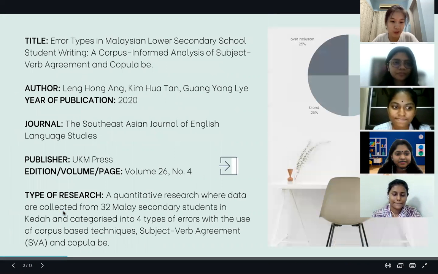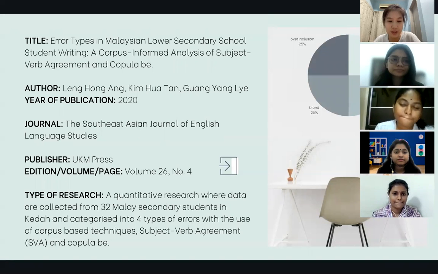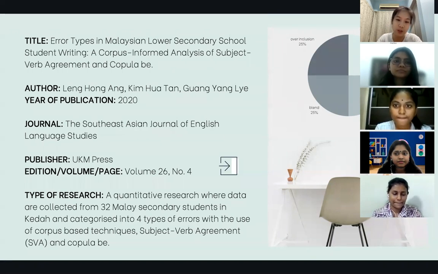Okay, today we'll be talking about an article review titled Error Types in Malaysian Lower Secondary School Student Writing: A Corpus-Informed Analysis of SVA, known as Subject-Verb Agreement, and Copula BE. It is written by 3 knowledgeable authors in 2020 and published by UKM Press under the Southeast Asian Journal of English Language Studies.